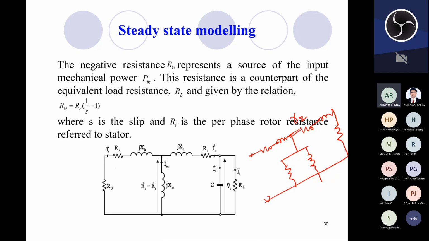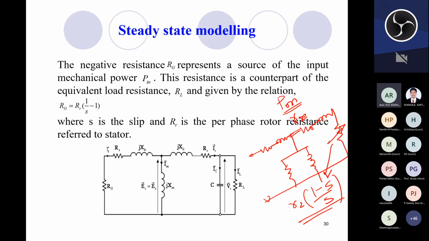One is Rr, another is Rr × (1 − S)/S. This part is this, and the rest remains the same. So what is this Rr × (1 − S)/S? That is considered as the equivalent resistance which is responsible for the production of the mechanical power developed, Pm.